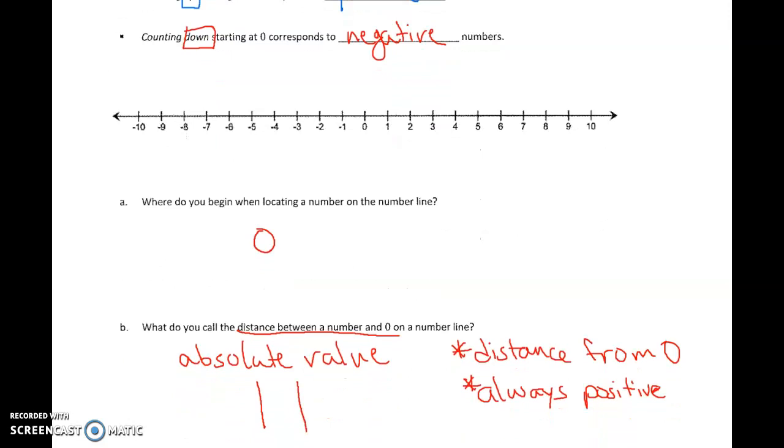If we're starting at 0 and I want to go to 7, I am going to move to the right 1, 2, 3, 4, 5, 6, 7 units. If I want to go to negative 7 right here, from 0, I'm going to move 1, 2, 3, 4, 5, 6, 7 units.